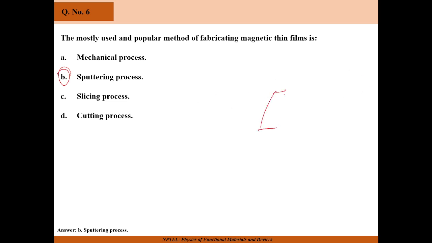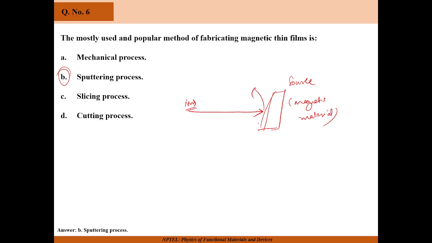We have the magnetic material as our source material. What we will do is fire charged ions and bombard the source, which is our magnetic material, with ions.